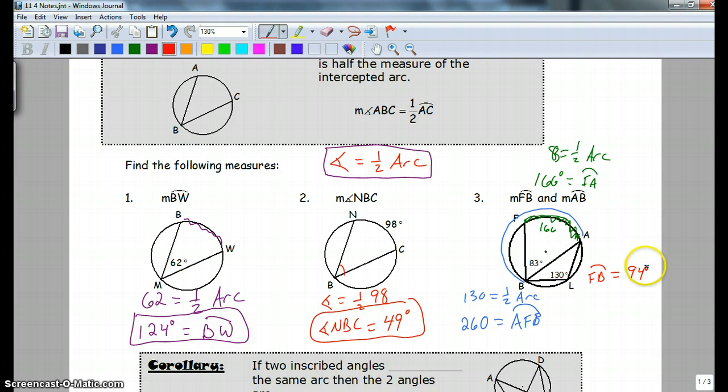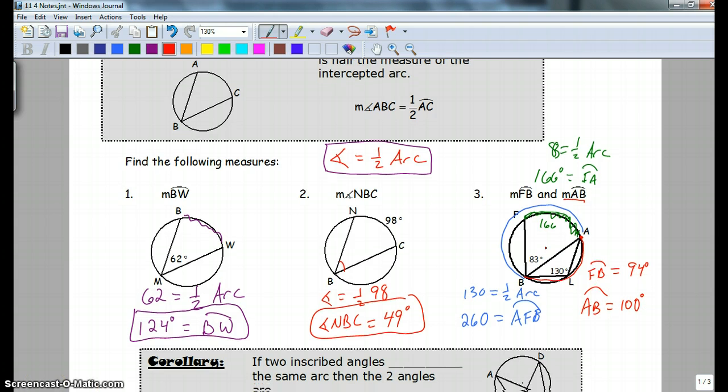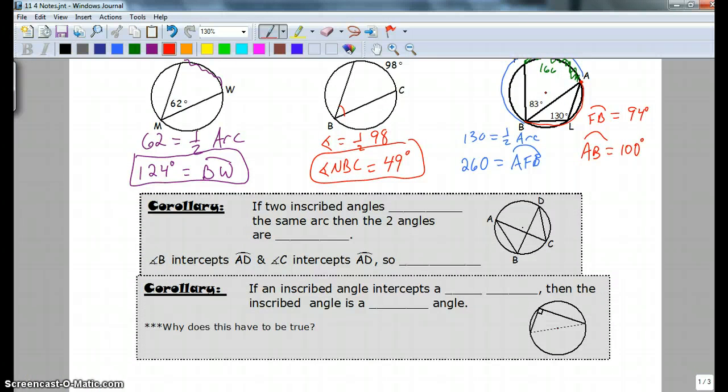FB is 94 degrees. Then the other one is little arc AB, minor arc AB. So here's A, and we're going around here to B. Well, since the major arc AFB is 260, that means that AB is 100 degrees. All right, let's move on to the next part.